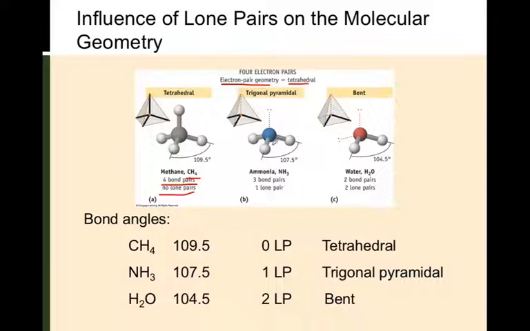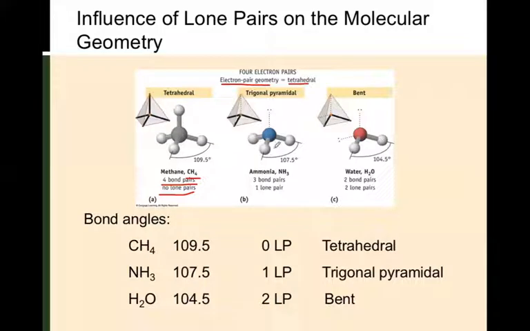Then in the case of ammonia, we still have a tetrahedral electron pair geometry, but now we have a trigonal pyramidal molecular geometry. This causes a compression of the bond angles. The hydrogens all point in the same direction, no longer in 3 different directions, and they're all pointing down.